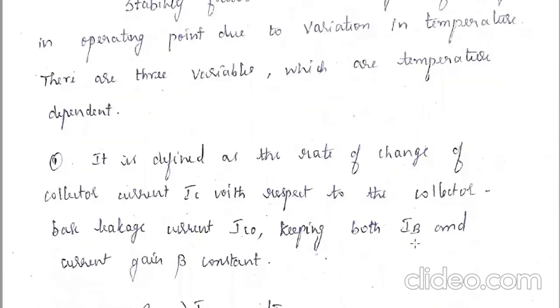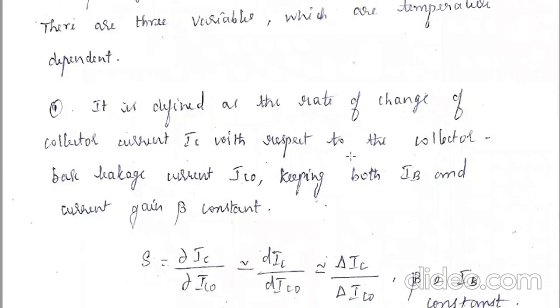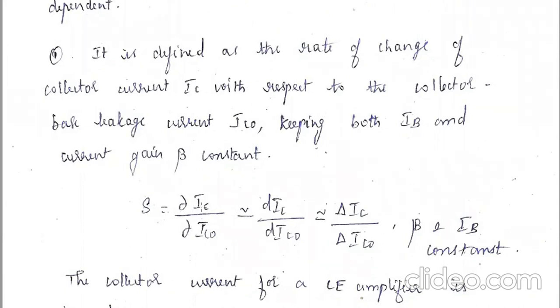The first is defined as the rate of change of collector current IC with respect to the collector base leakage current ICO, keeping IB and current gain beta constant. That is, S is equal to ∂IC by ∂ICO, the change in collector current with respect to the reverse saturation current, with beta and IB constant.